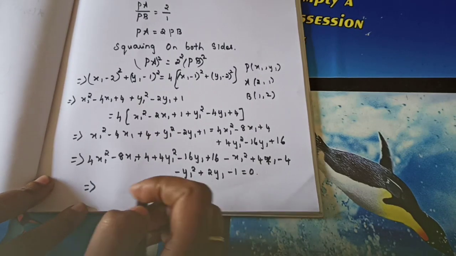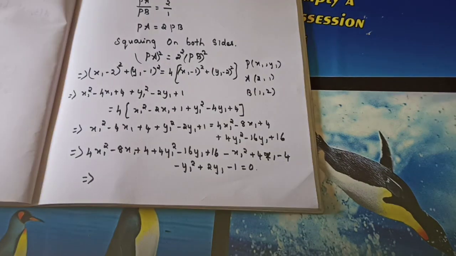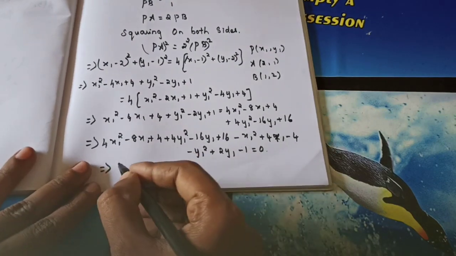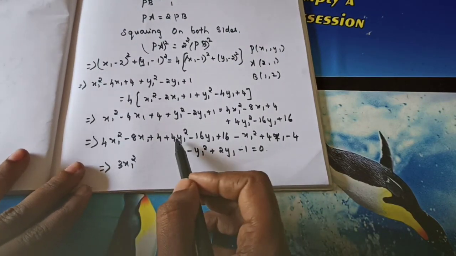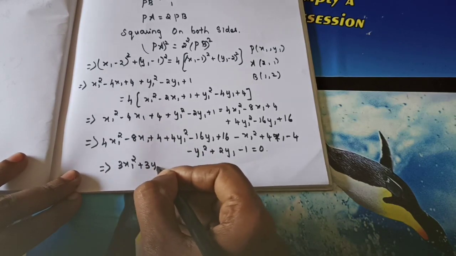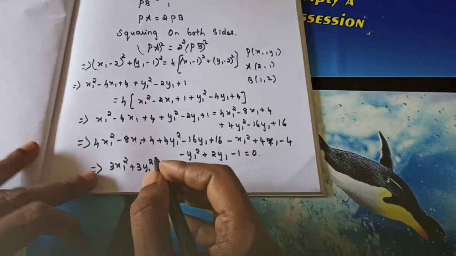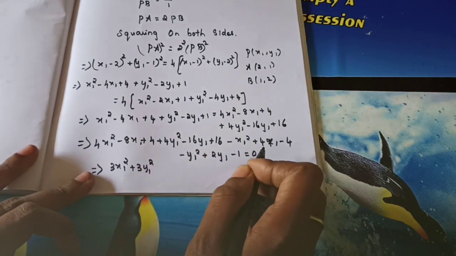So what's the value we'll get? That is 4x1 square minus x1 square means, carefully simplify, 3x1 square. Then 4y1 square minus y1 square means plus 3y1 square. Then the x1 terms: here one x1 term is there, here one x1 term is there.